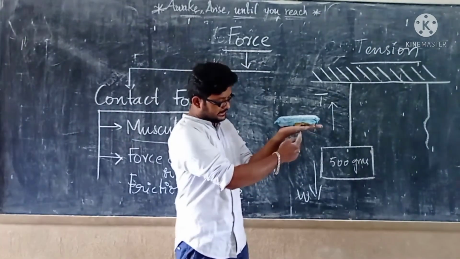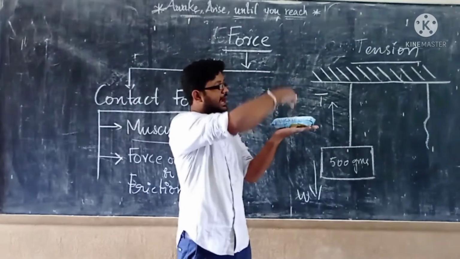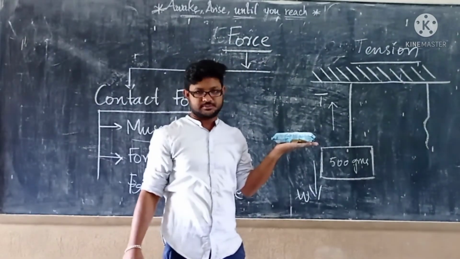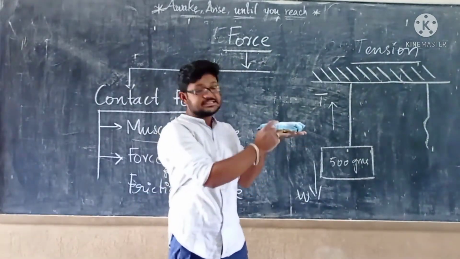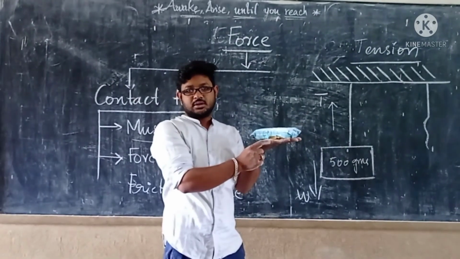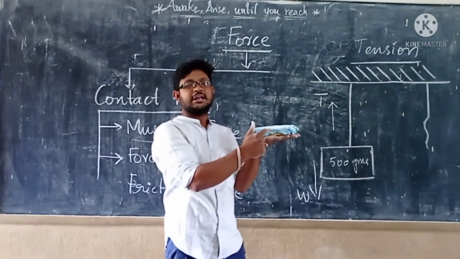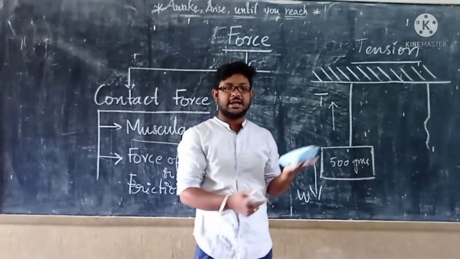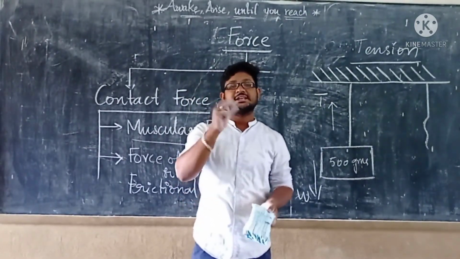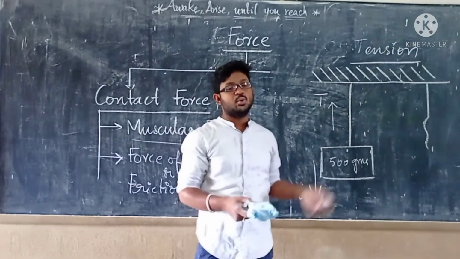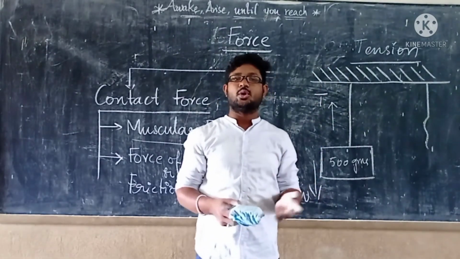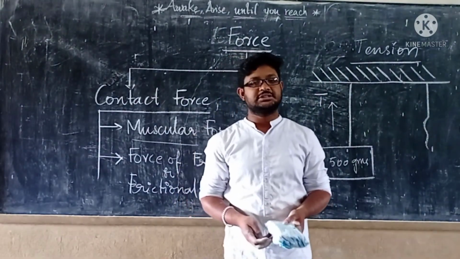So there will be gravitational force acting downwards, a normal force acting upwards. Understood? Means what? There is a contact between the book and the bench. As well here, in my hand, there is a contact between my duster and my hand. Understood? So there is a contact. That's why these two, normal force and tension, also come under contact forces.